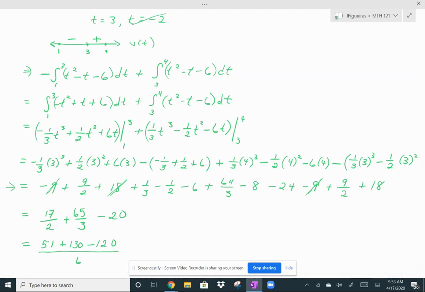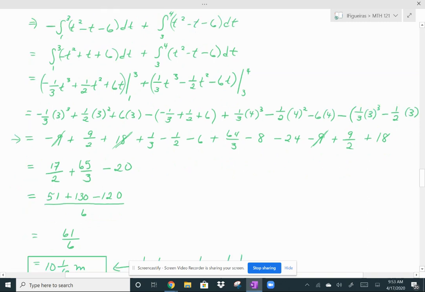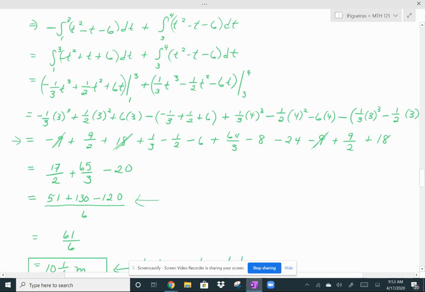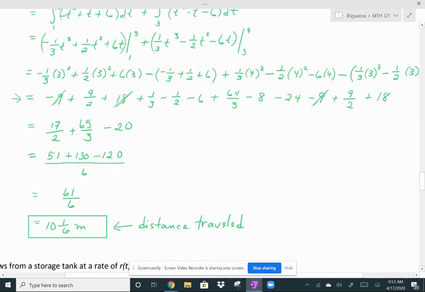So that means that I have a common denominator of 6, which is what I got here. And when you reduce that, that's 61 over 6, which is 10 and 1/6 meters. So the distance traveled by the object is 10 and 1/6 meters.